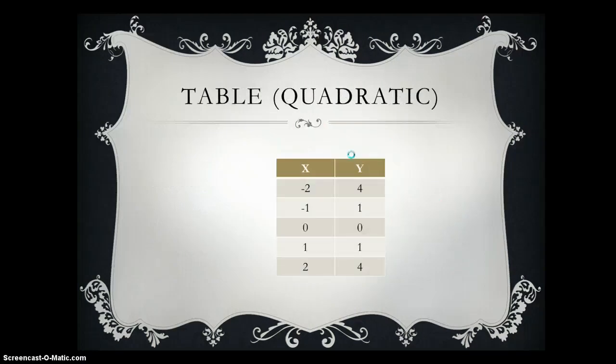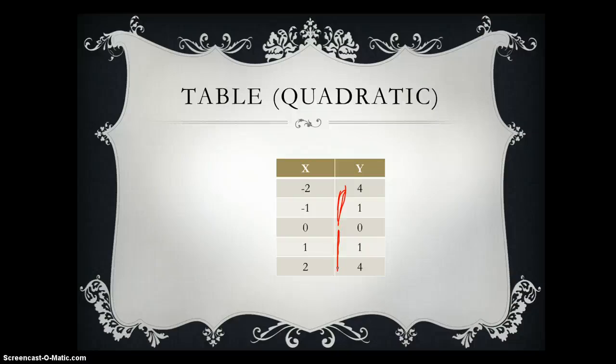For quadratics, if we're looking at the table, see how we get a couple of different patterns going on. Notice that we have this mirroring effect, where we have 4, 1, 0, 1, 4. It's mirroring around a certain number. That's pretty classic quadratic right there.